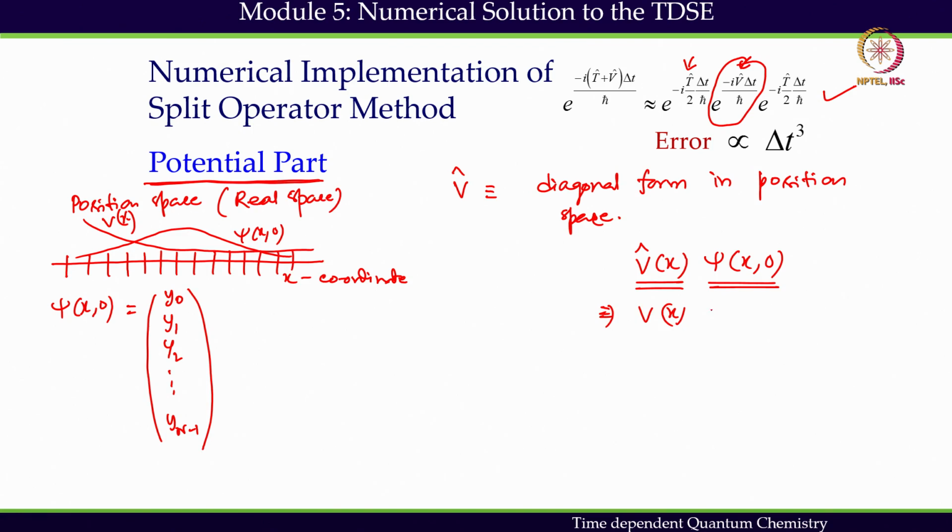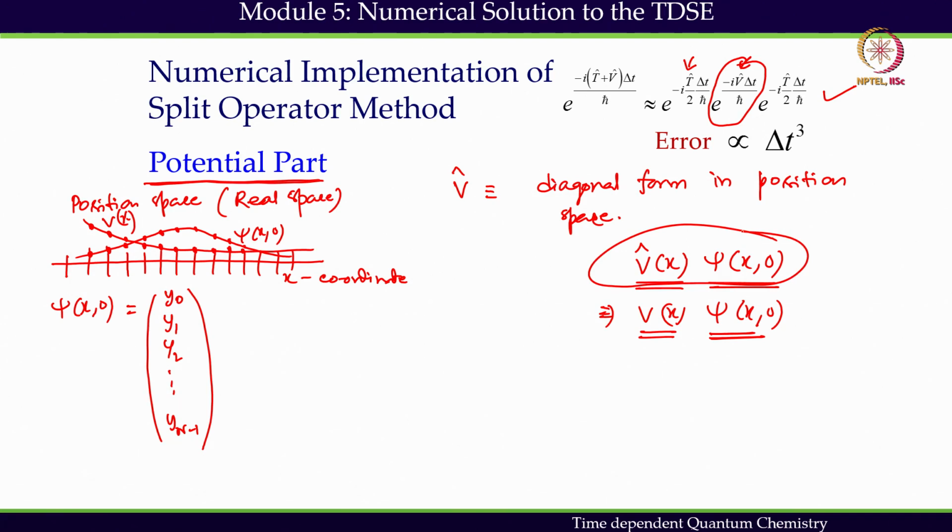So this is nothing but Vx psi x0. If I multiply this wave function by this potential function, then this is nothing but multiplying individual points on the grid. We have individual discretized potential values, and at each grid point the values of those individual functions can be multiplied. If we multiply, then this function will be obtained.